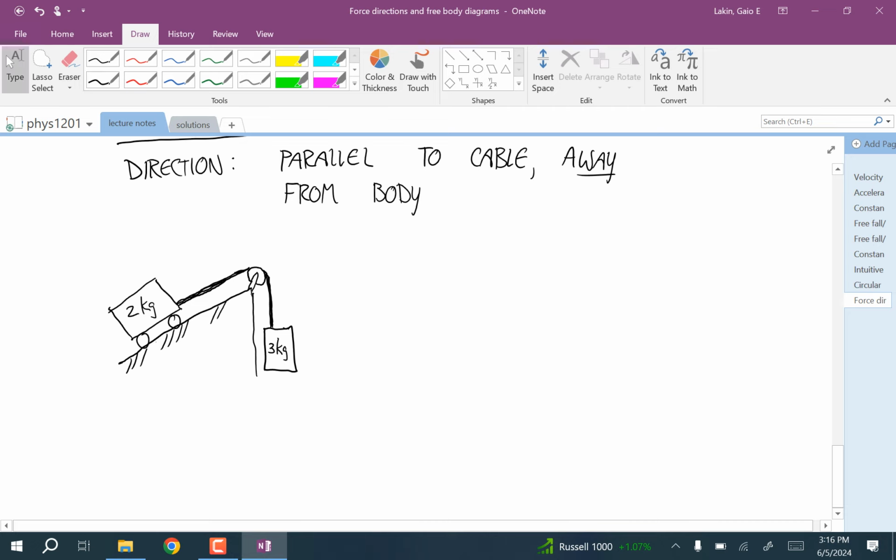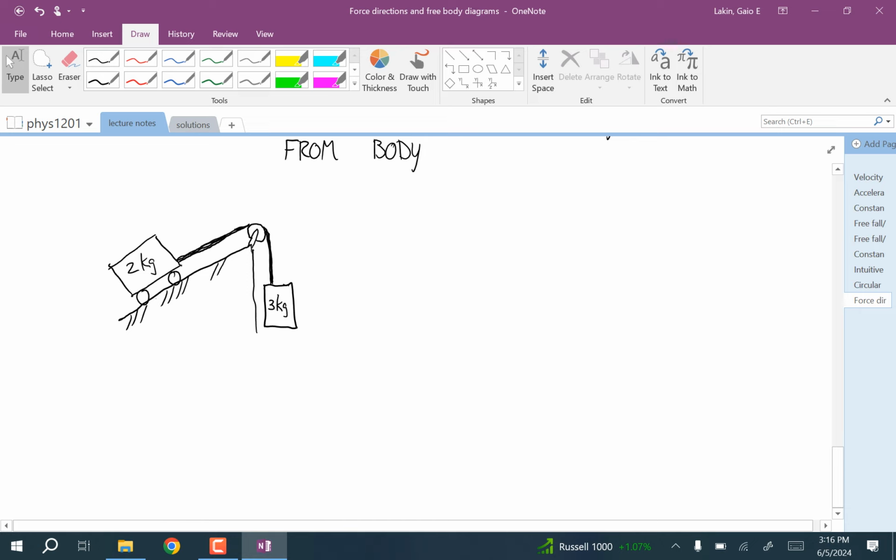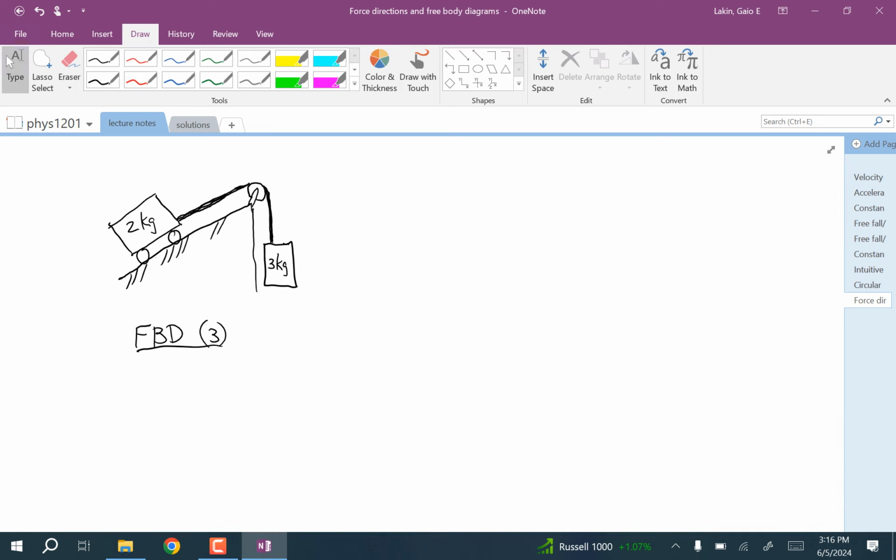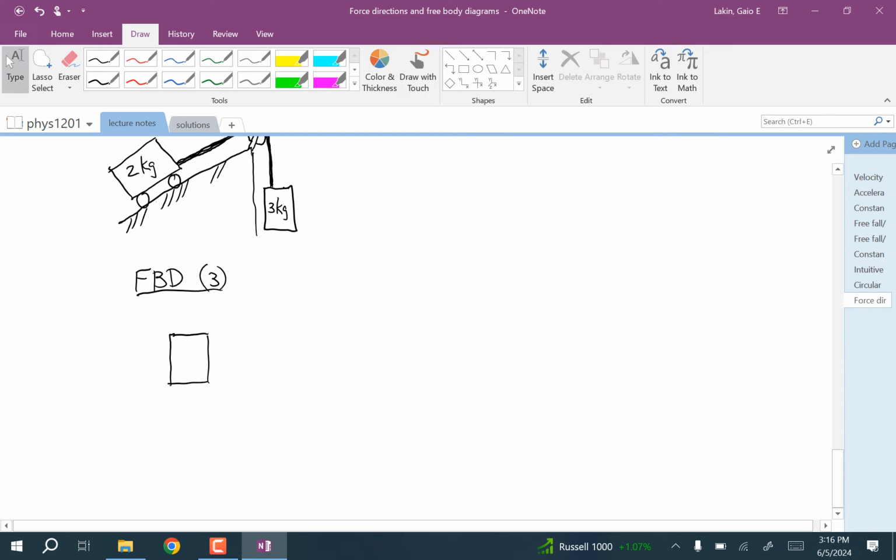So what do the free body diagrams look like for these two things? I'm going to start with a free body diagram of the hanging mass. So this is for the 3 kilogram mass. Here's the outline of the body. The weight force acts down, so that's 3 times 9.8.